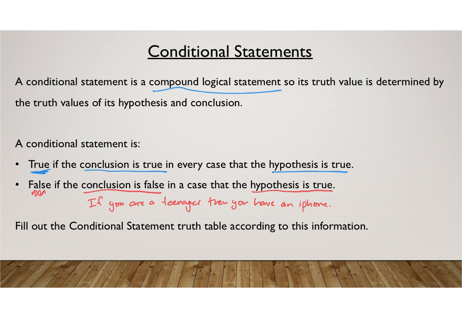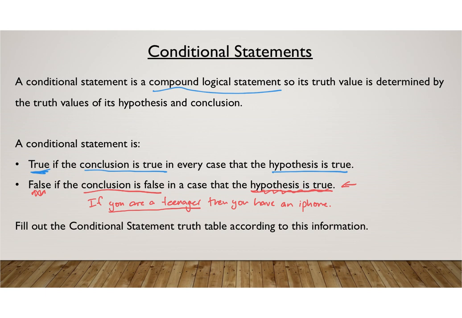What this means in terms of this statement: in every class, our hypothesis was true. The piece of if you are a teenager was true in every single class. Everyone in the class, besides me, but I wasn't counted, was a teenager. So the hypothesis was true.